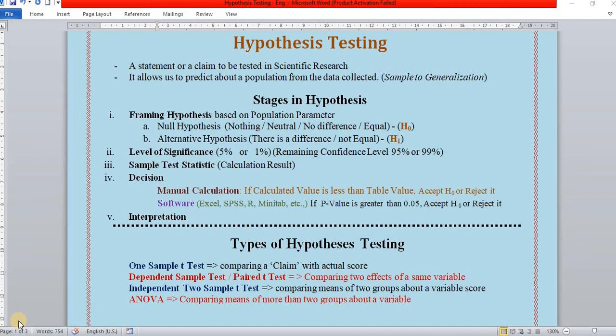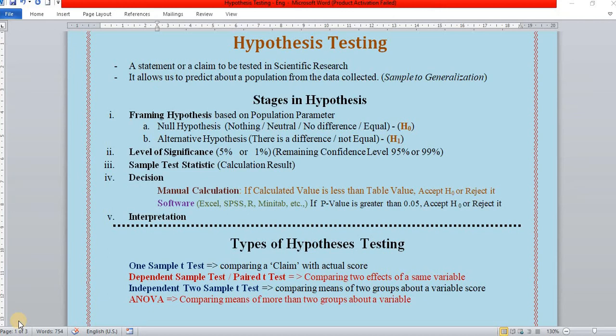But in software like Excel, SPSS or Minitab, etc., the programming pattern is different from the manual calculation. So we denote the significance level by p-value. That is, if p-value is greater than 5%, we accept the null hypothesis or we reject it. And finally, we interpret the decision.